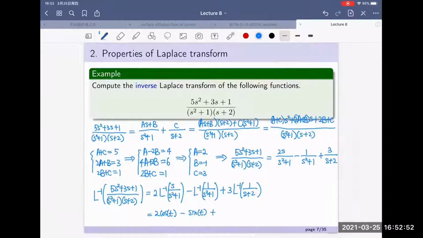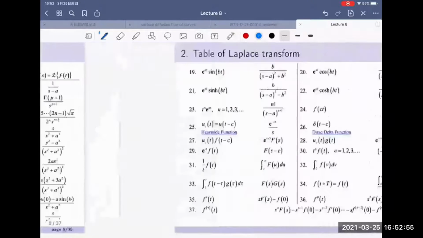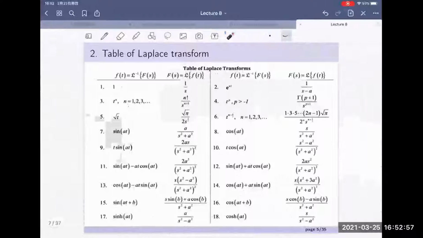And for the third part, you get s plus 2. So s plus 2 means that a should be minus 2. If a is minus 2, you get s plus 2 in the denominator. So a is minus 2, and you get exponential of minus 2 times t.